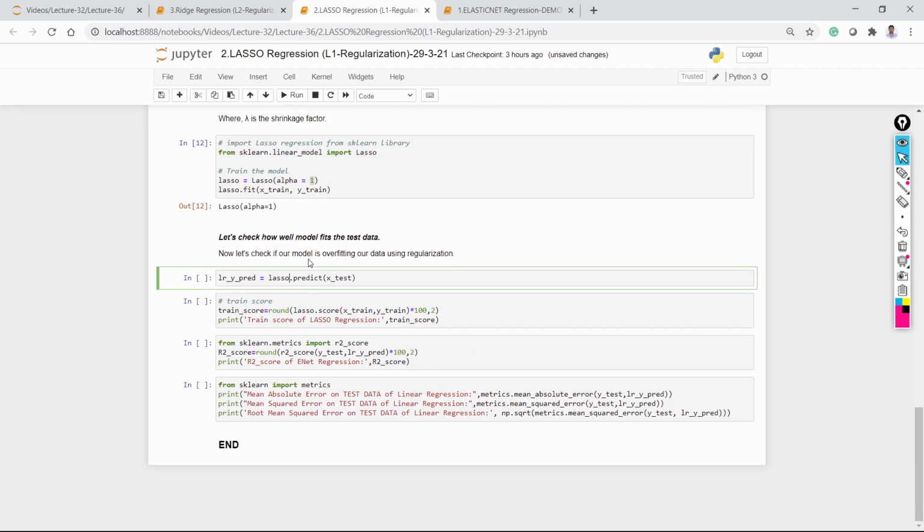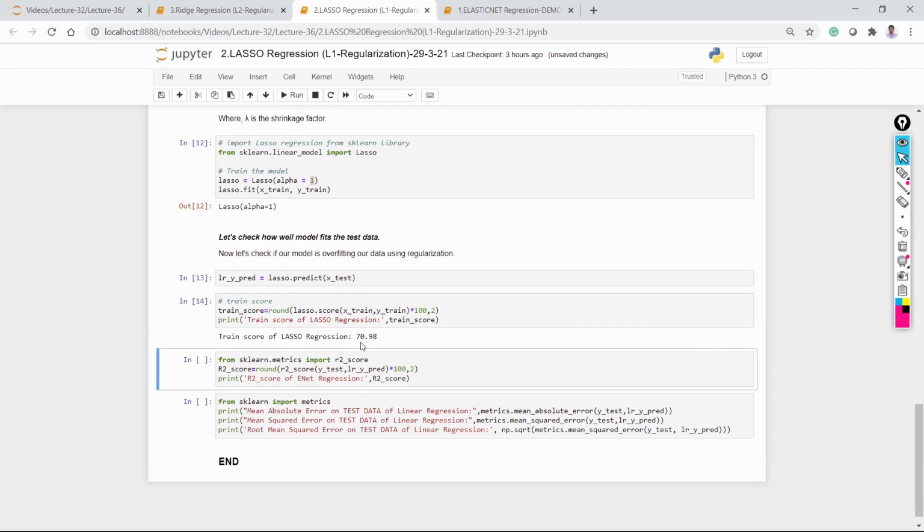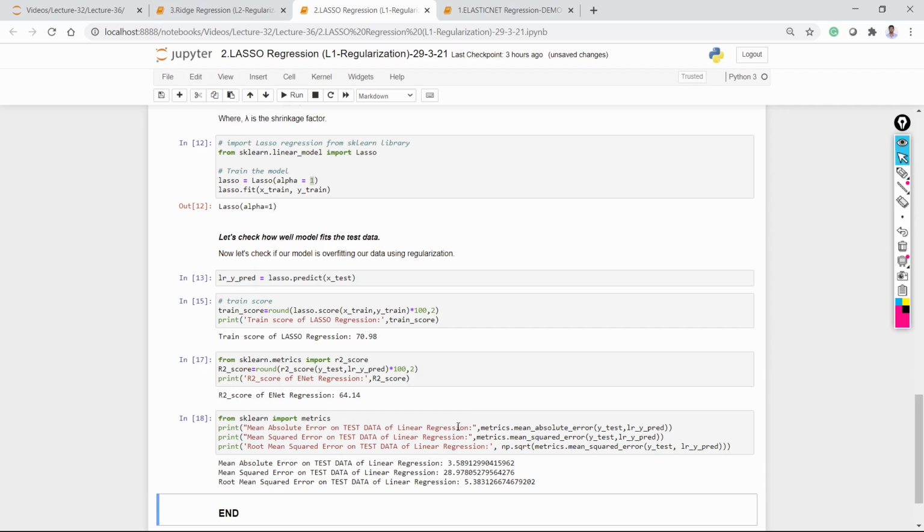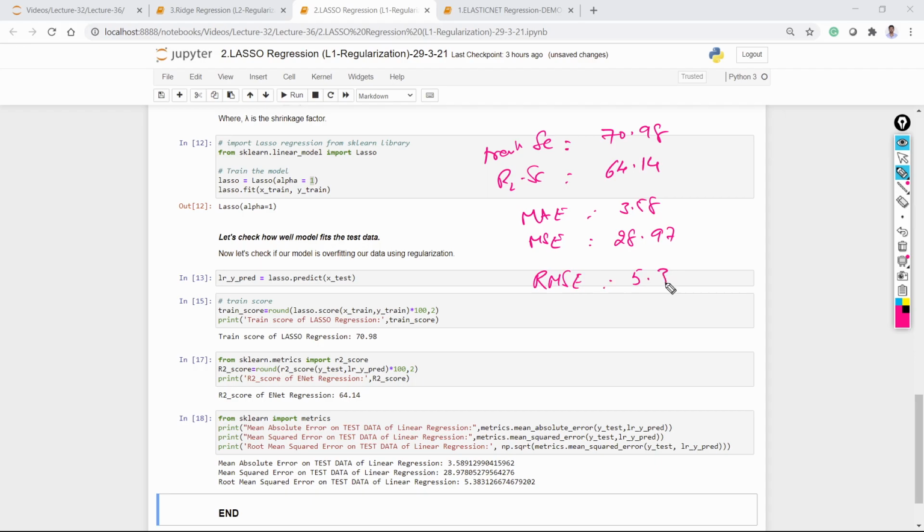When the alpha value is passed, you can see my train score is 70.98, the R2 score is 64.14, and the mean absolute error, mean square error, root mean square error are the same: mean absolute error 3.58, mean square error 28.97, and root mean square error 5.38.